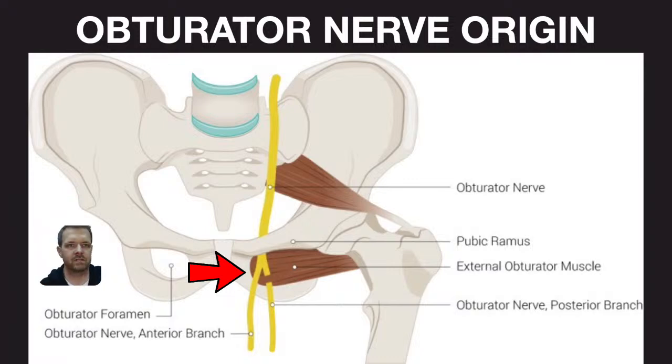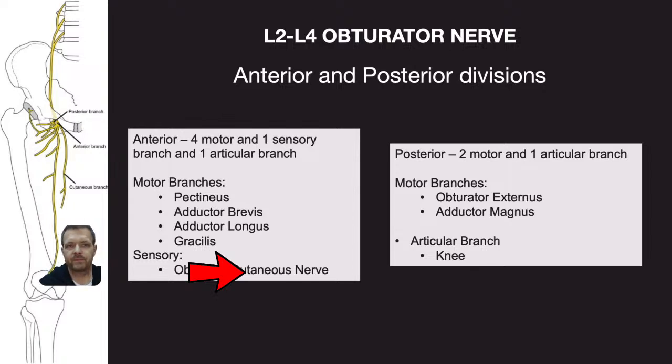Right, let's have a look at the structure then. So there was a slight error on this. So we've got where it splits into two. The obturator nerve then goes anteriorly and posteriorly, so towards the front and towards the back. Okay, and the anterior branch is split up into different types of nerve.